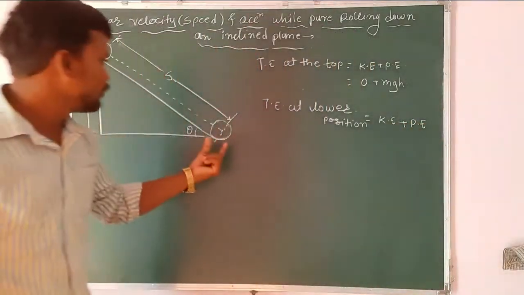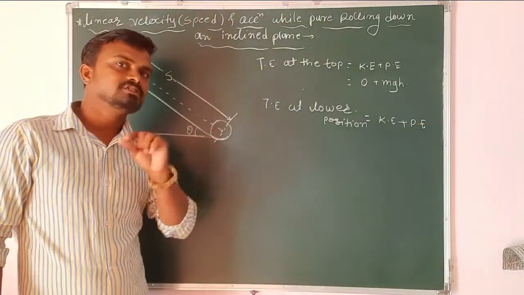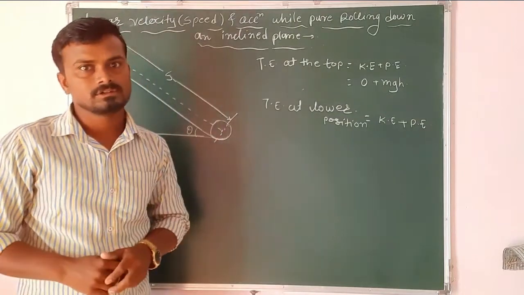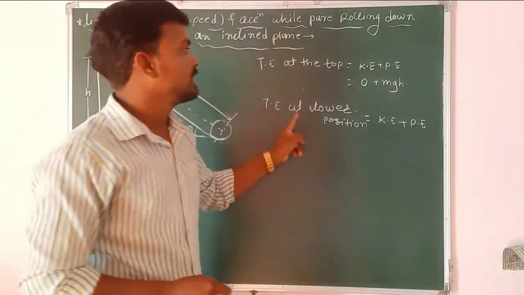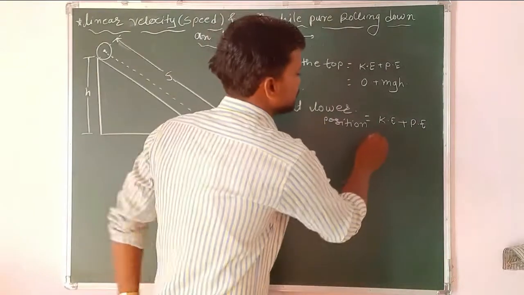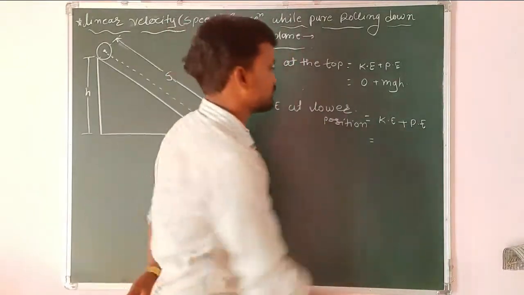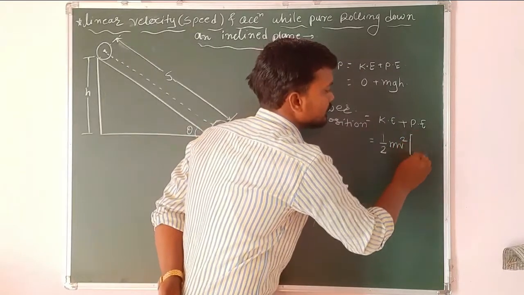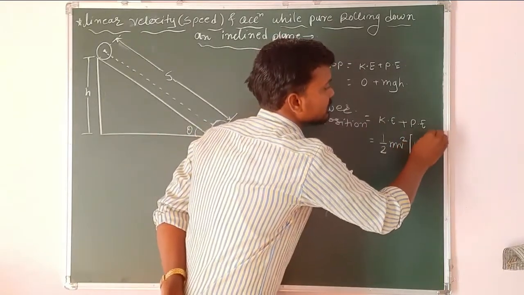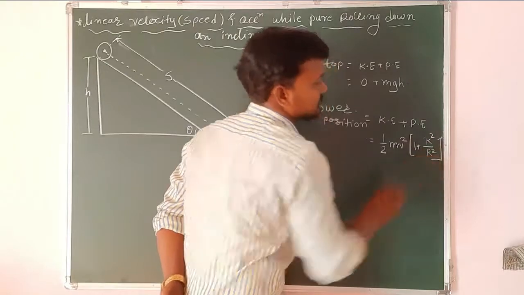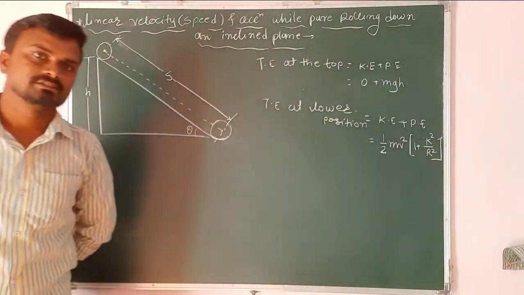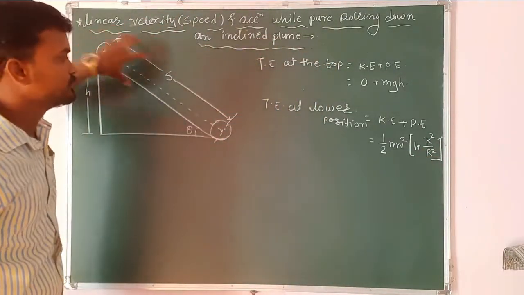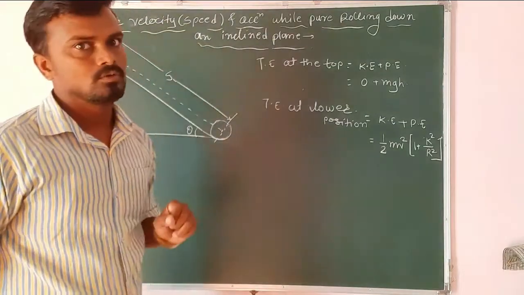But at the lowest position, height is 0, because of that potential energy is also 0. And total energy at the lower position is equal to the kinetic energy of rolling motion, which is nothing but 1 by 2 m v square into 1 plus k square by r square. These are the two energies: total energy at the topmost position and total energy at the lowermost position.